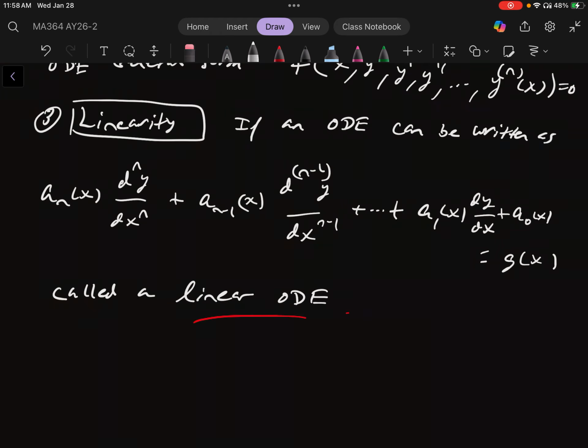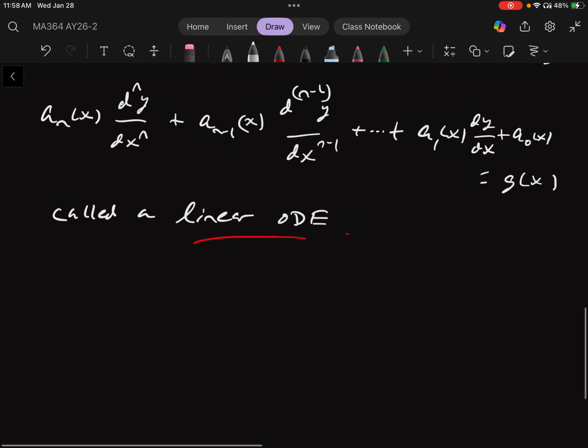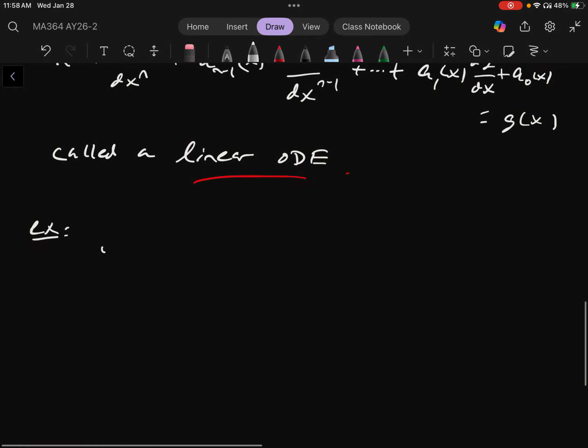If it's not a linear ODE, it's called a nonlinear ODE. As a few examples: y double prime minus 2y prime plus y equal to 0. Notice the coefficients are 1, minus 2, and 1. This is then classified as a linear ODE.